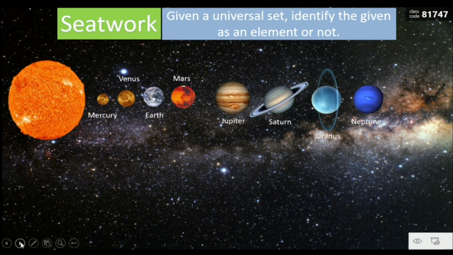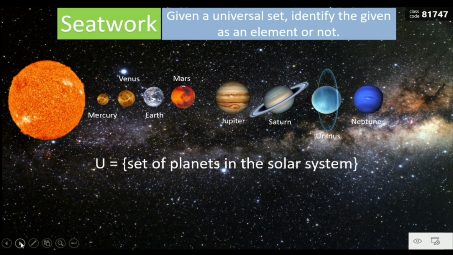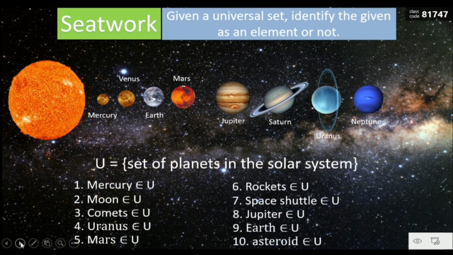So these are the questions. We have here the universal set, which is the set of planets in the solar system. I want you to answer this in 15 seconds.